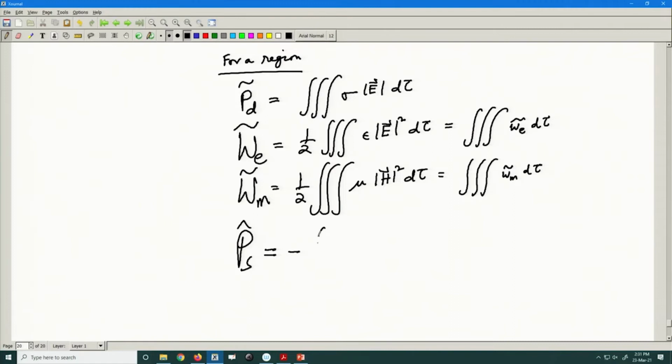This is over a region, the power supplied by the sources in the region, E dot J I star plus H star dot M I d tau.